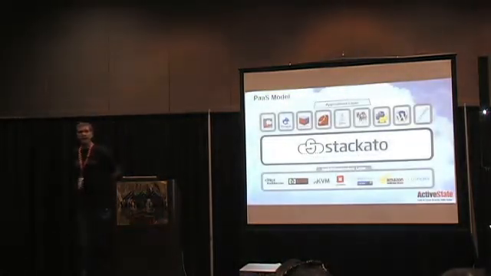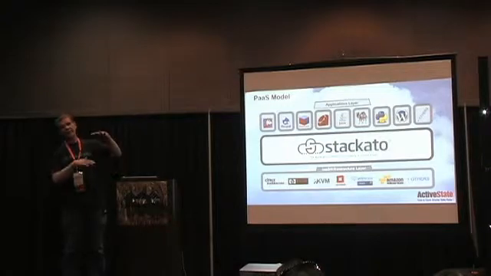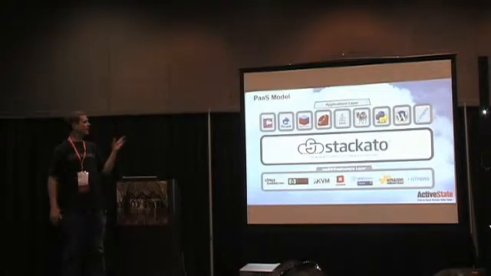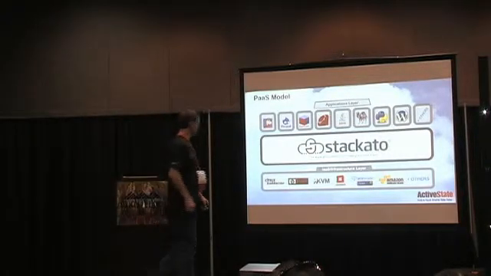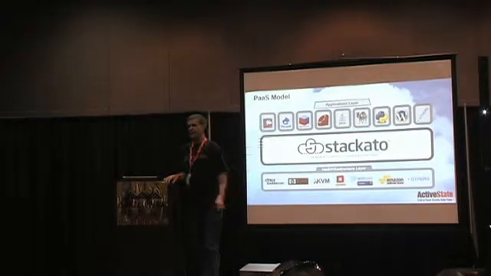So what is it? Well, I said earlier it sits above the infrastructure layer and allows you to build software applications, cloud applications. So at the bottom here is a representation of the infrastructure layer.